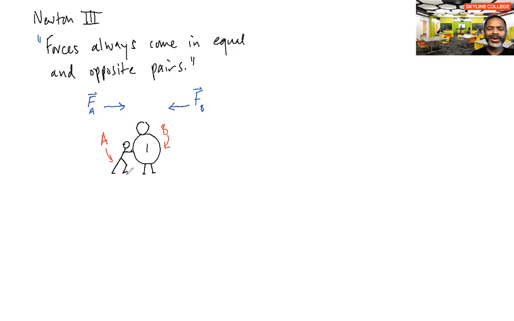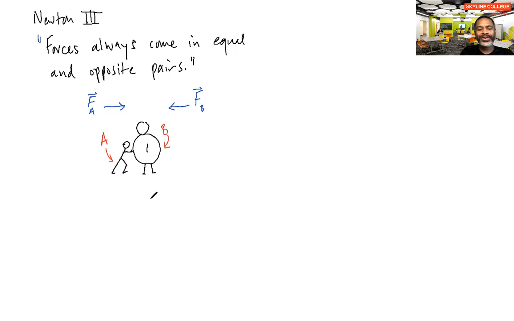What also happens, by the way, if they both have on roller skates, when this one pushes on this one, this one may accelerate away, but this one will also accelerate away back the other way. Okay, and if this one is much bigger than this one, the smaller person may actually accelerate away faster than the bigger person does.